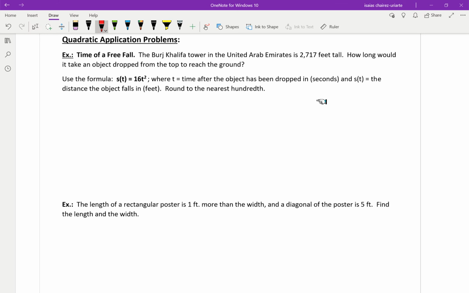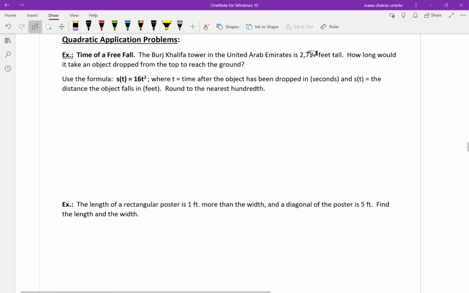Okay, so hopefully you know how long it took this object to fall from the top of this tower. Hopefully it didn't hit anybody down there. Let's see. So how do I even set this up? So let's see, t represents the amount of time in seconds. S of t represents the distance that the object falls in feet.